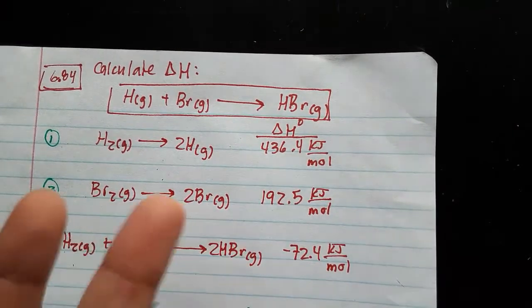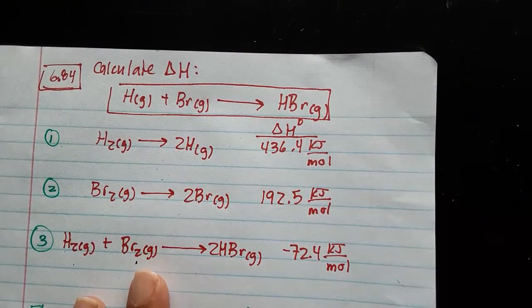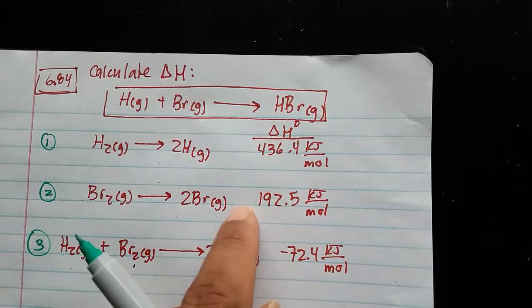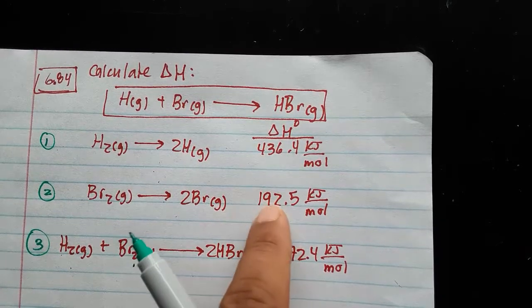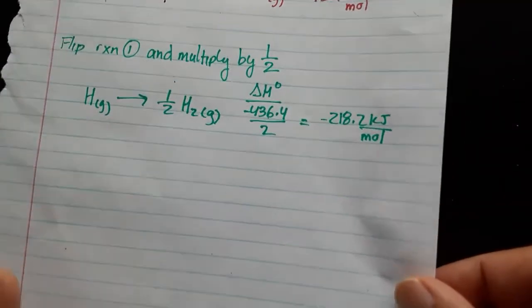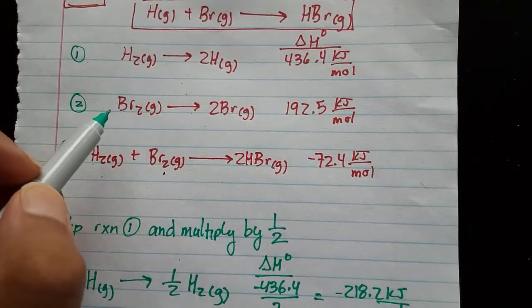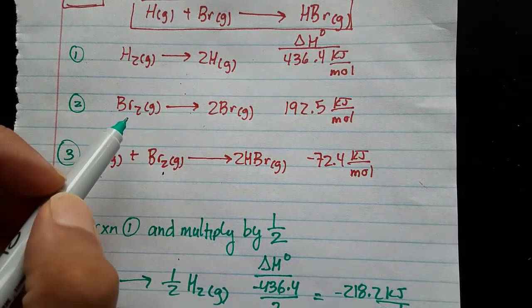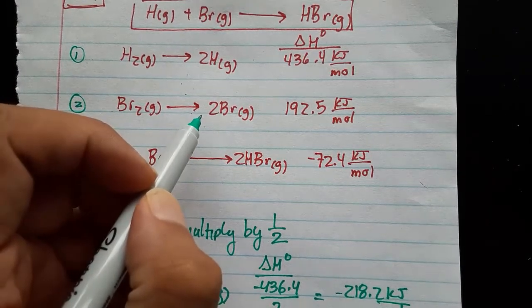Let's do the same thing for equation 2, flipping it and at the same time multiplying it by 1/2. Flipping it changes this to a minus sign. Multiplying it by 1/2 is the same thing as dividing this by 2. So step 2 is flipping reaction 2 and also multiplying it by 1/2. Flipping reaction 2, this is going to be 2Br going to Br2, and then multiplying it by 1/2 gives me Br goes to 1/2 Br2.